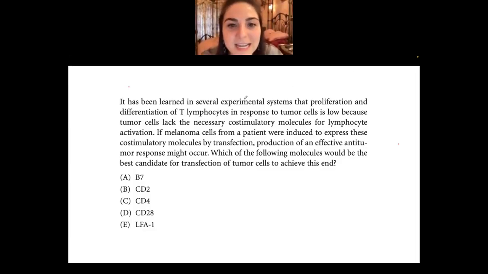So basically, this one they're saying they're looking at T cells in response to tumor cells, because the tumor cells lack the necessary co-stimulatory molecules for lymphocyte activation. So it's basically saying tumor cell, T cell. The T cell is going to have a T cell receptor, TCR, and then it's going to have its co-stimulatory signal, which is CD28.